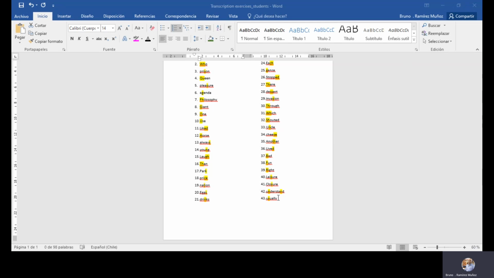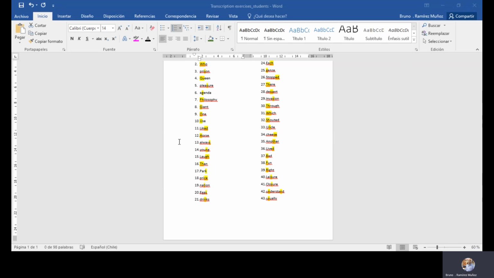And if you have questions, you need to go to Google. You can copy and paste the word in an online transcription website, and find out the pronunciation, right? In the second paragraph, we have s and z.